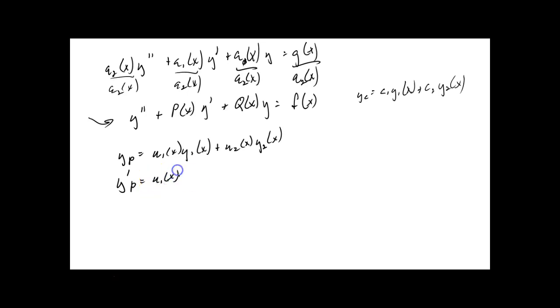U1 of x, y1 prime of x, plus, well, let's go on and do the other part. Y1 of x, u1 prime of x, plus u2 of x, y2 prime of x, plus u2 prime of x, y2 of x.